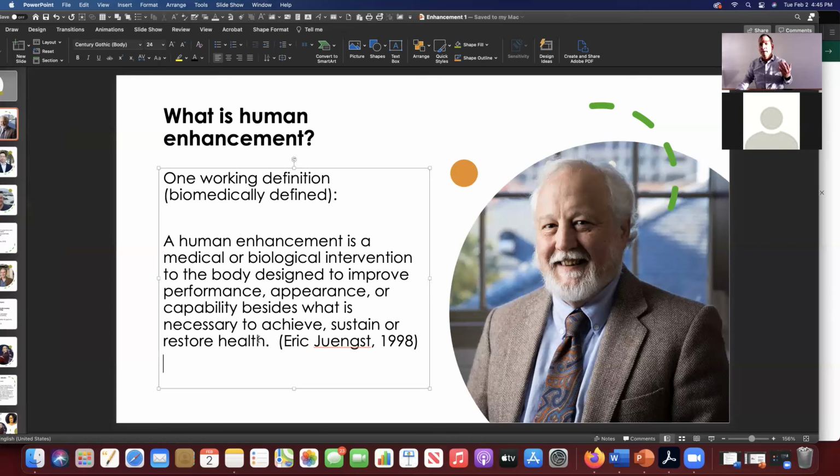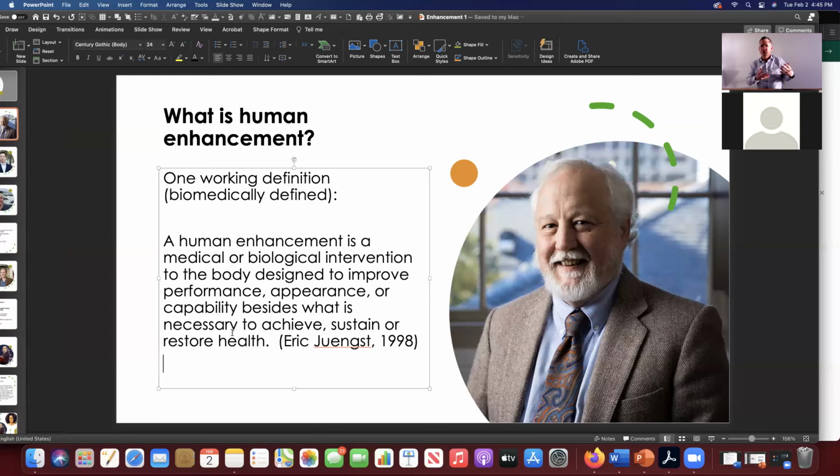So some philosophers who work in this area claim that when we use medical or biological intervention for the sake of achieving, sustaining, or restoring health, what we're doing is therapeutic.